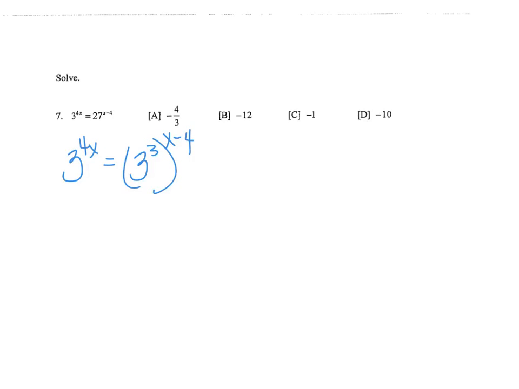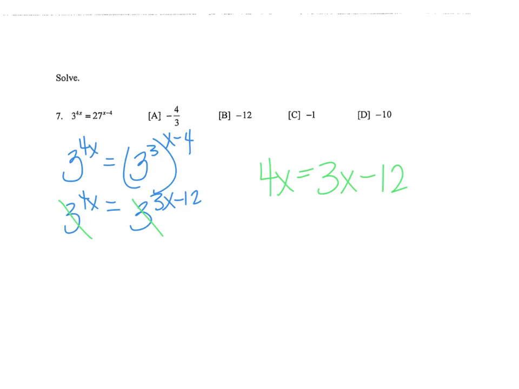Simplify your exponents. 3 to the 4x equals 3 to the 3x minus 12. Drop the bases. Make your exponents equal to each other, and get x by itself. Move 3x over and solve. x is equal to negative 12.